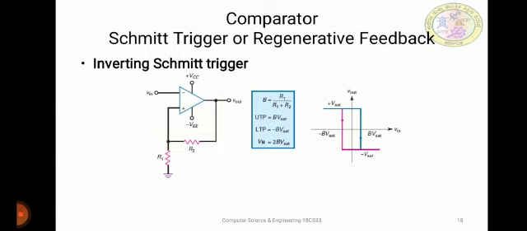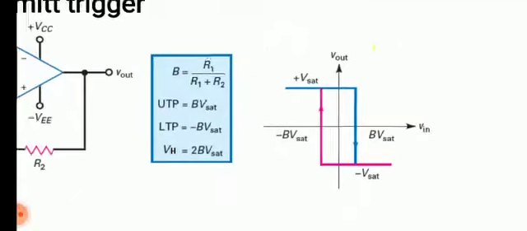So, to cause the output to go high, the input must now cross the new lower threshold. Once it is crossed, the output goes high and the circuit is reset to its initial configuration. So, the input has to cross the threshold just once, resulting in a single clean transition. So you can just see you have a hysteresis there.